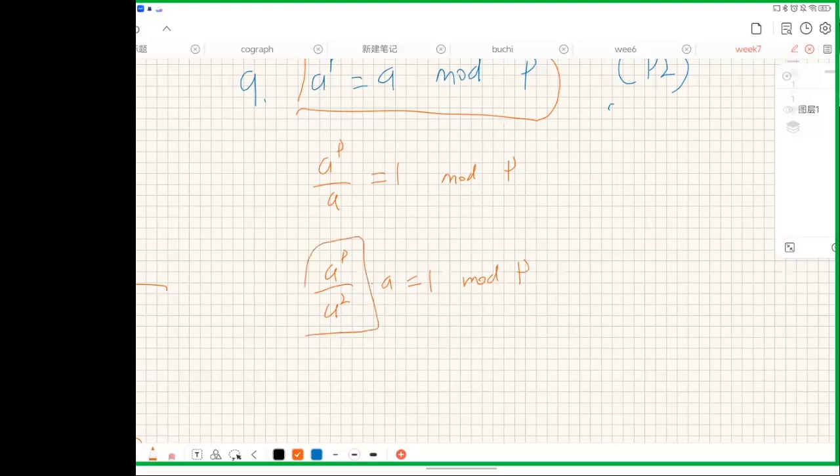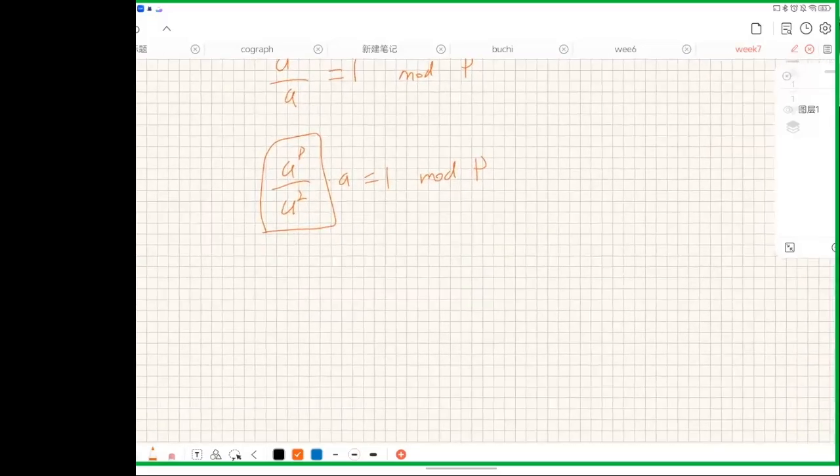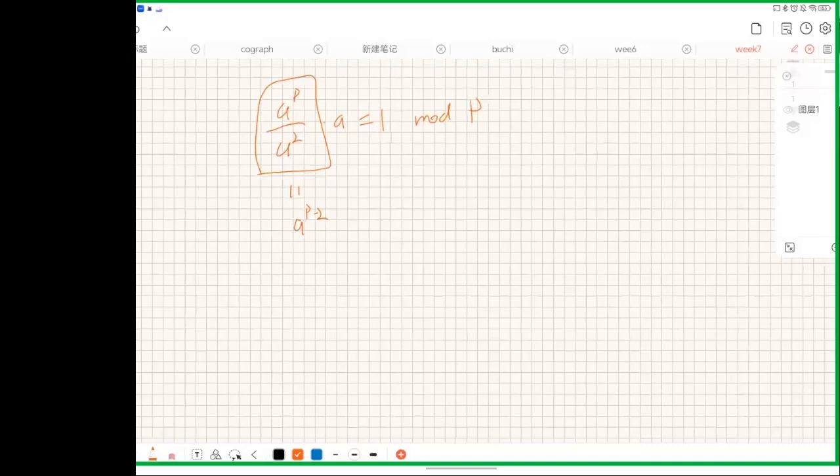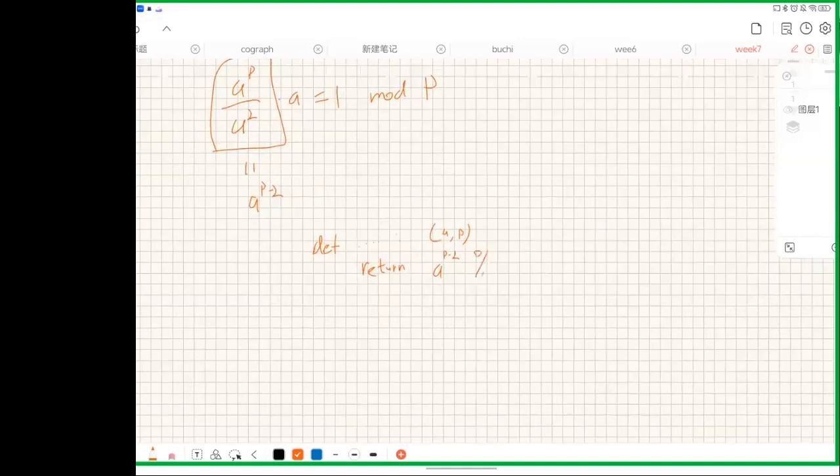It means this one is the inverse of a modulo p. So this equals a to the power p minus 2. Then this answer is really simple. Just define the function taking a and p, and return a to the power p minus 2 mod p. Then we are done.